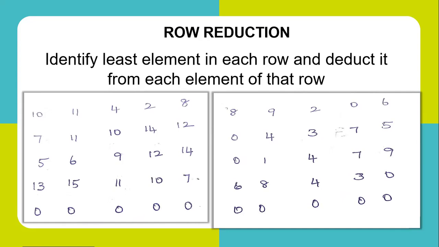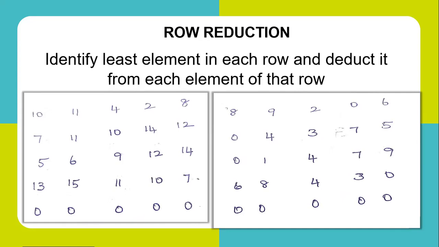Here we have 10, 11, 4, 2, 8 in the first row, and the least cost element is 2. By taking 2 as the least cost element, this is considered the key element for the first row. We deduct this 2 from each element: 10 minus 2, 11 minus 2, 4 minus 2, 2 minus 2, and 8 minus 2. This gives us a new row value: 8, 9, 2, 0, and 6.